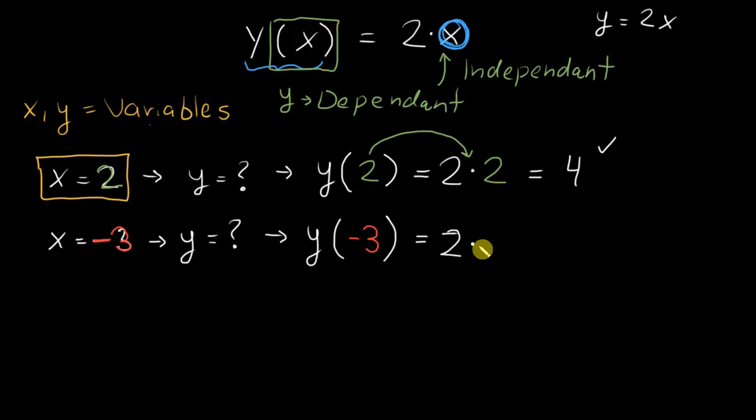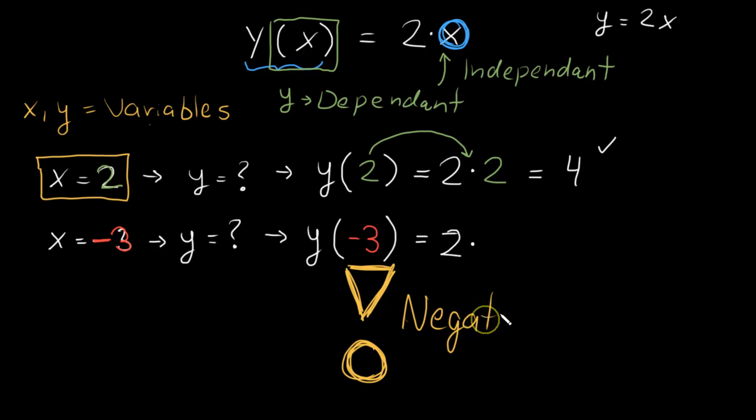Here it's really important, so I'll draw an exclamation mark: when we're putting in negative numbers, we have to use brackets.